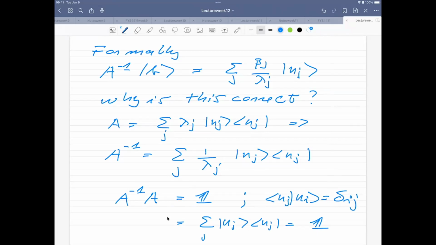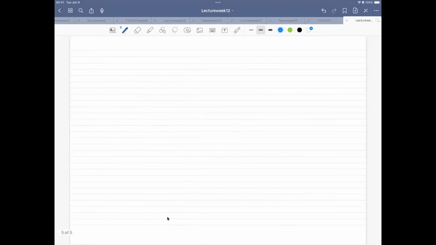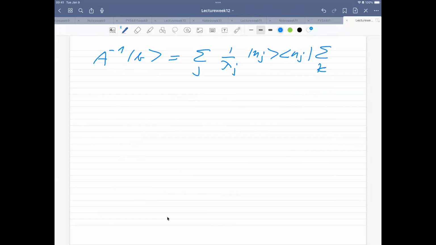Then when we calculate A minus 1 times B, this is the same as the sum over j of 1 over lambda j of Uj, multiplied with the sum over k of beta k of Uk.